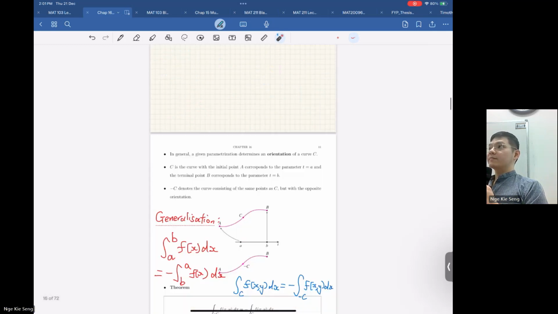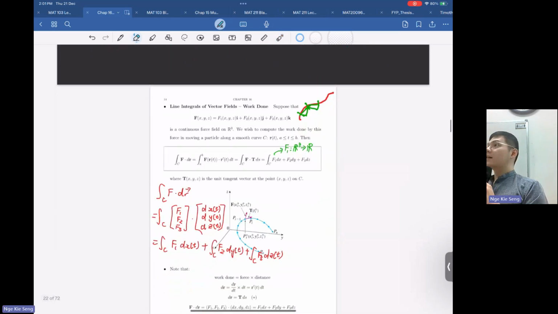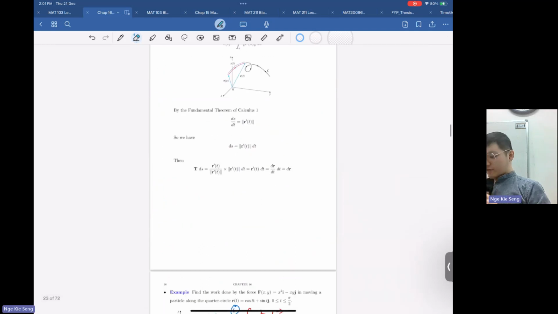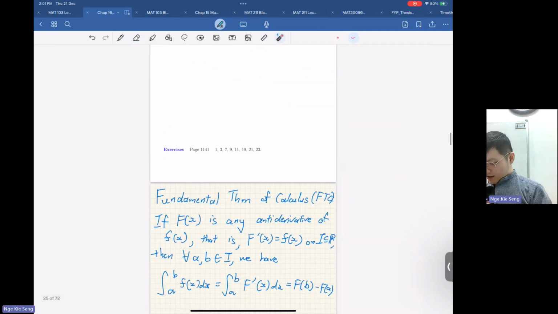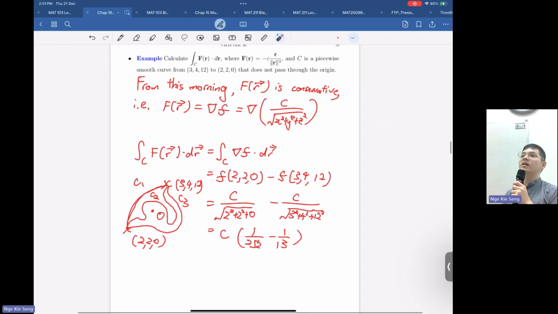Make sense or not? So if your vector field is conservative, then your line integral doesn't depend on the curve. It only depends on the starting and ending points. Any questions?